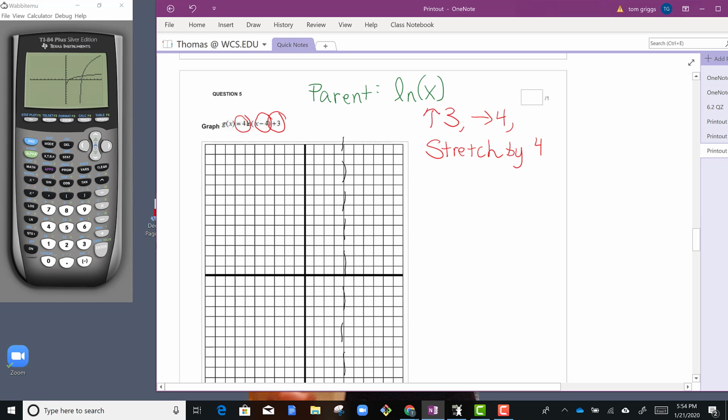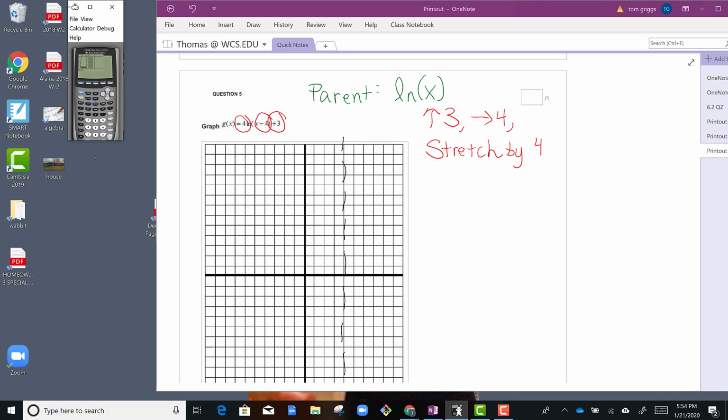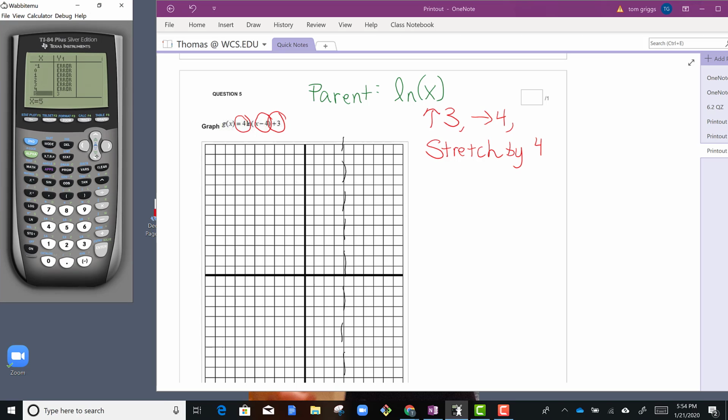And then we can verify this by looking at the table. So if I go to second graph, you'll notice you get an error message for all these x values, because all these x values are to the left of the asymptote. But once you get to x equals 5, you start getting numbers again. So 5, 3. And maybe get a couple more points.